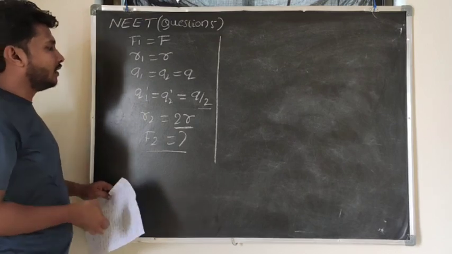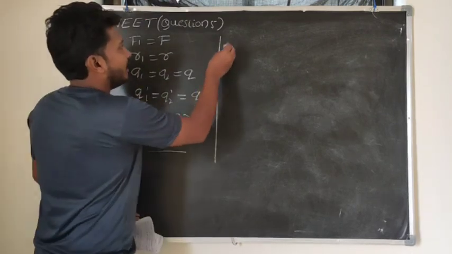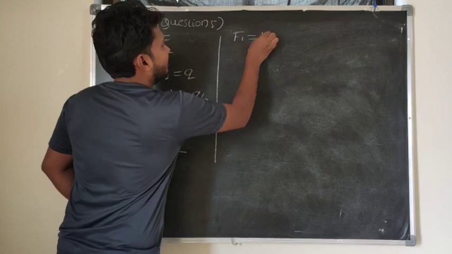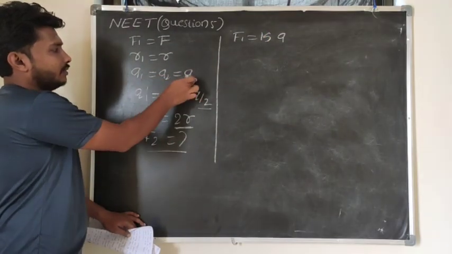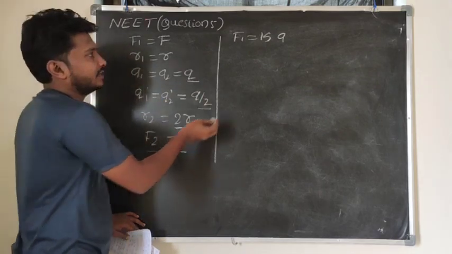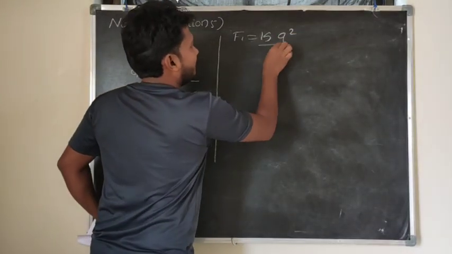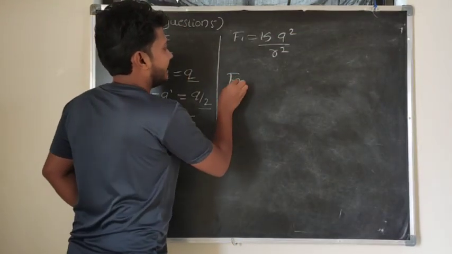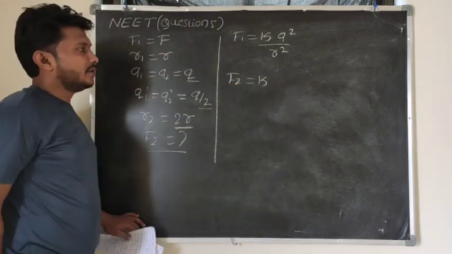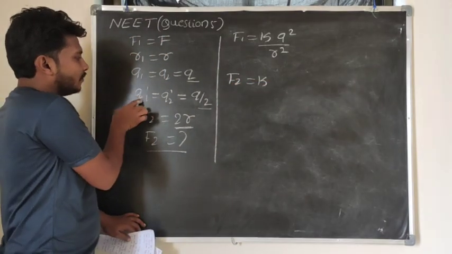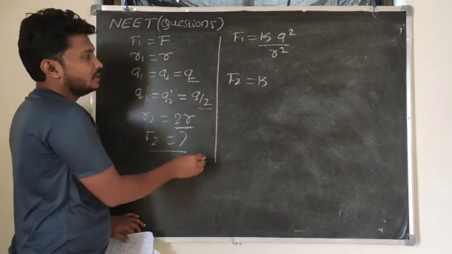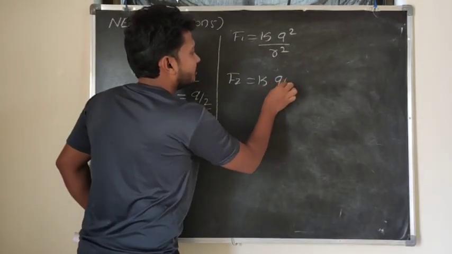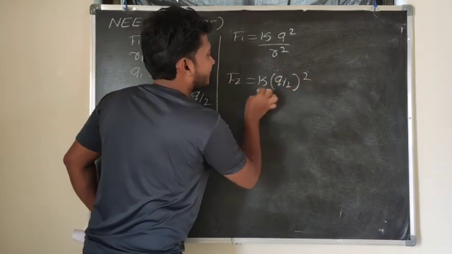So in order to calculate the new force, the initial value F1 is equal to K into Q1 into Q2. It is equivalent to identical charges, Q square divided by R square. In the second case, F2 is equal to K into Q1 dash into Q2 dash. So that is equal to Q by 2, that is nothing but Q by 2 whole square.